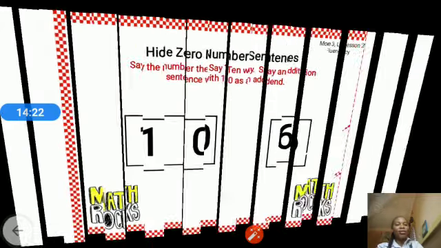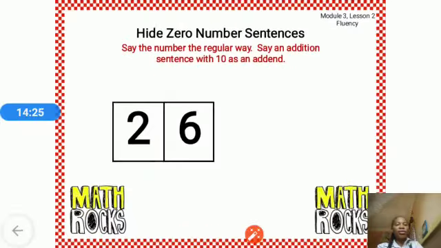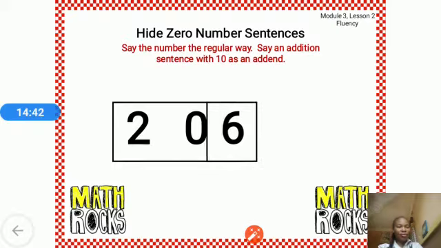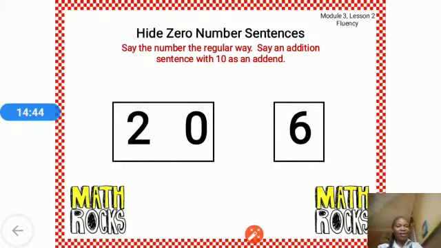Let's go over to the next one. 26. In 26, we have 2 tens, 6 ones. Yes. This is great.